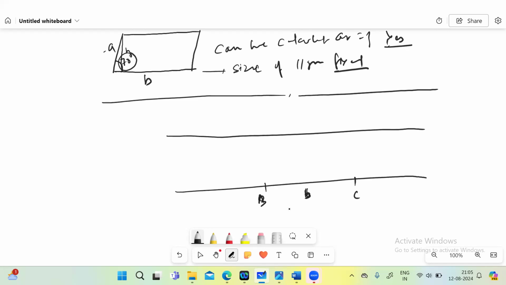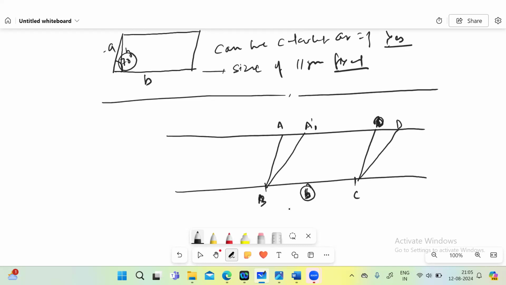And with this base, we are drawing a parallelogram, ECD, like this. And we can draw multiple parallelograms where we are fixing the length of one side and the height of the parallelogram.